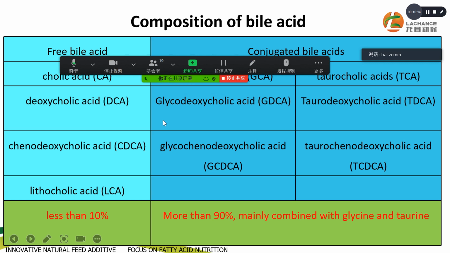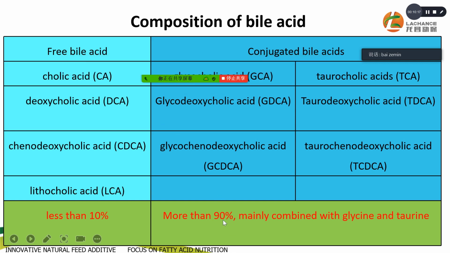The main part is conjugated, more than 90%, which is free bile acid combined with glycine and taurine, like glycocholic acid GCA and taurocholic acid TCA, and glycodeoxycholic acid GDCA, and so on. These six are the main conjugated bile acids.